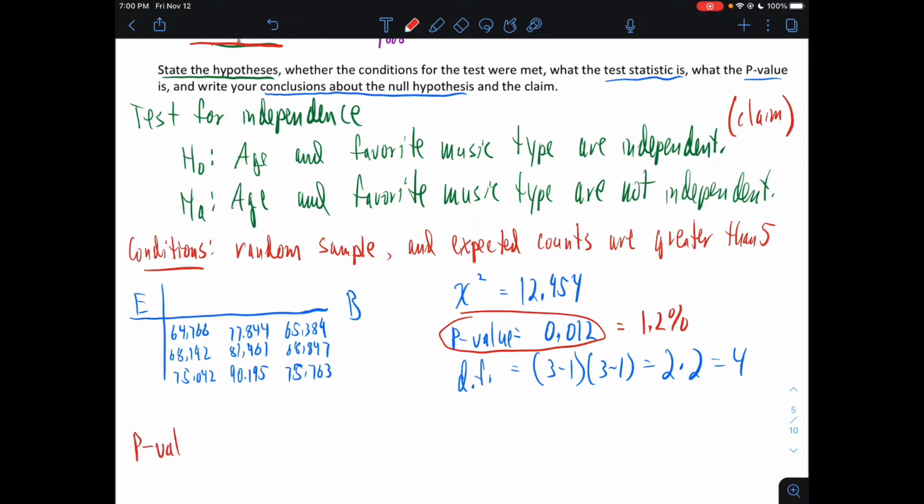So p-value is 0.012. That's less than our level of significance, which we use the symbol alpha for, which is 0.05. And so that tells us reject the null hypothesis. It also tells us that our data supports the alternative hypothesis.